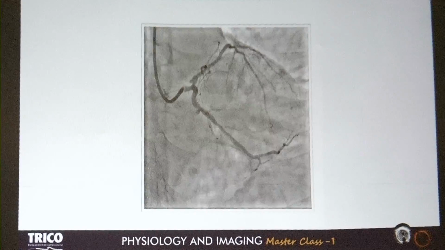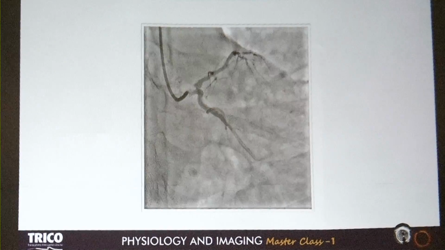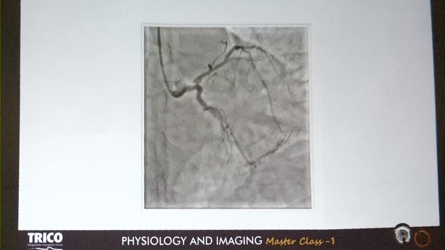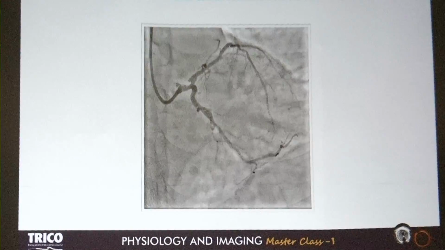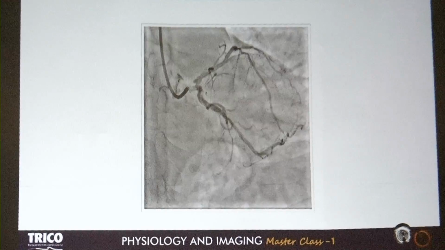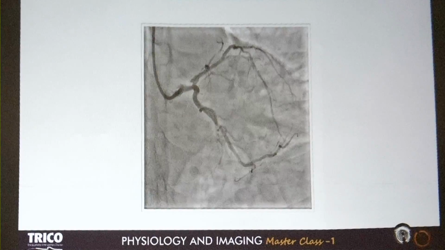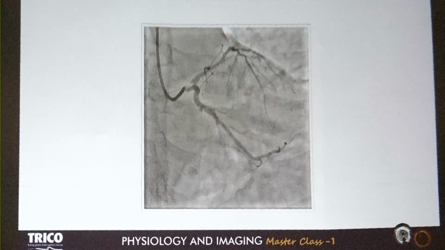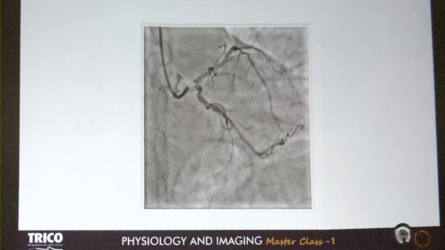So it's either an ulcerated plaque, and I'm not sure to what extent the stent is in the proximal LAD, but this seems to be a new lesion at the ostium of the LAD. And with the eccentricity, it seems to be an ulcerated plaque which presented with acute coronary syndrome.